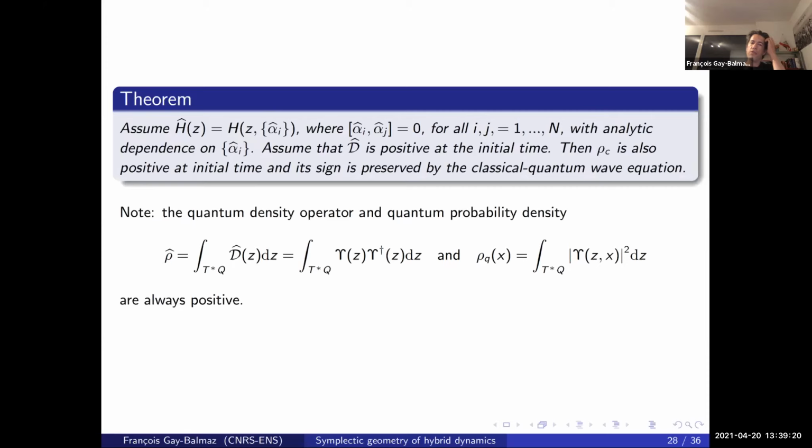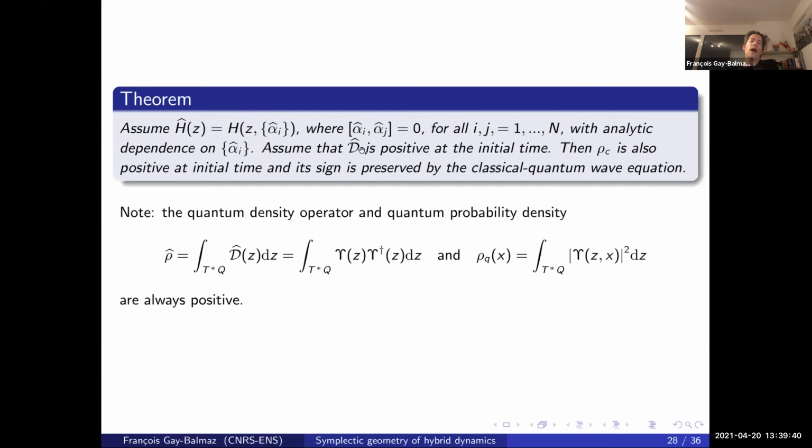If we assume our hybrid Hamiltonian H depends on the classical coordinates and some quantum operator analytically, and these operators commute, right?